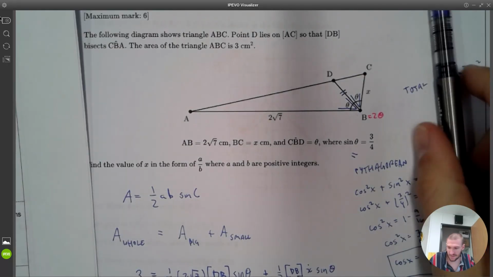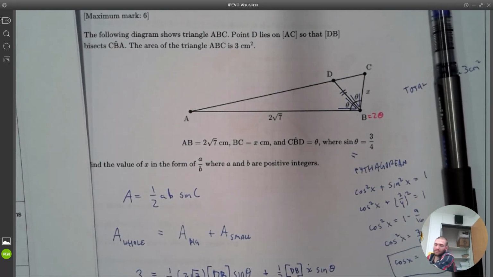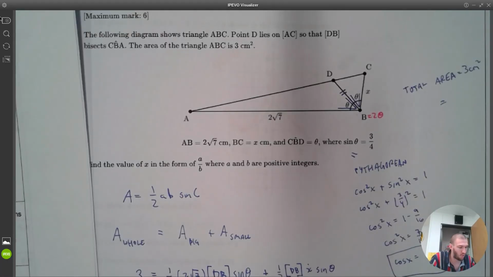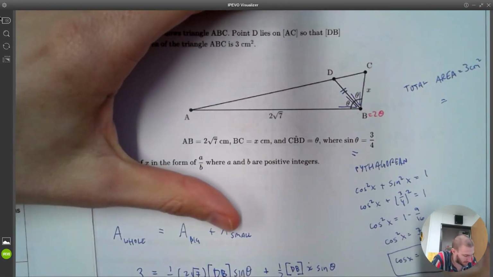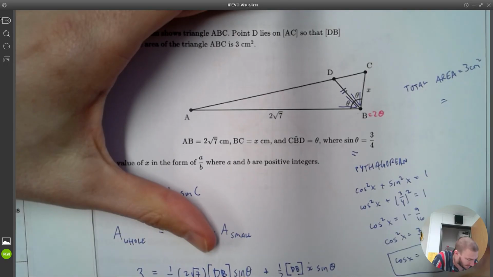And so what we can do, this is a good call here.